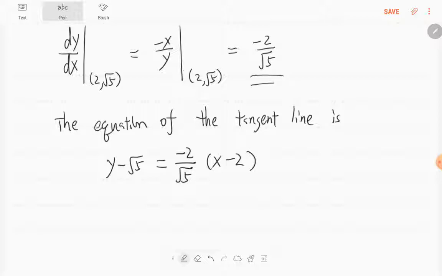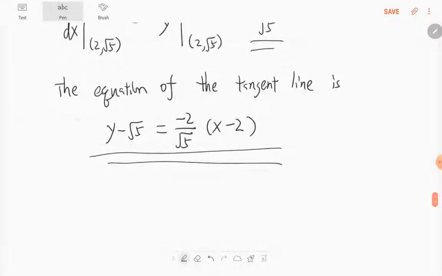So this is the point slope form. Okay, so this is your answer. Of course, you can continue to simplify to y equals something, but we will not spend a lot of time on that.